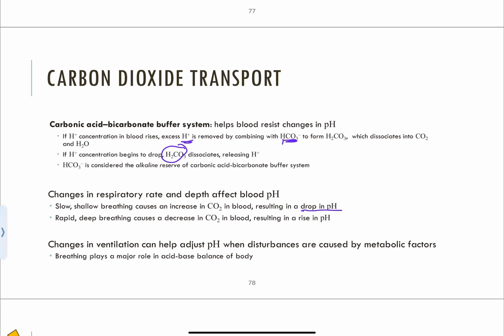The reverse is true if we take rapid, deep breaths, something like hyperventilation. We're breathing out more carbon dioxide, or acid, than we're producing. Our blood pH is going to increase, thereby becoming more basic. So we can change our respiratory rate to help with our blood pH, and we also have the carbonic acid bicarbonate buffer system that can help with our blood pH.